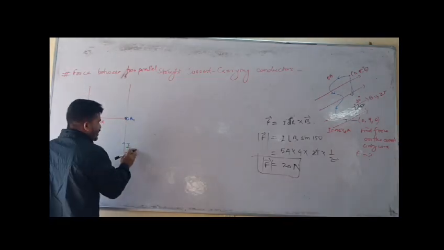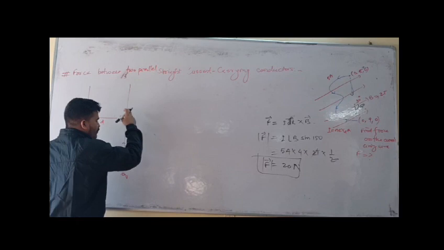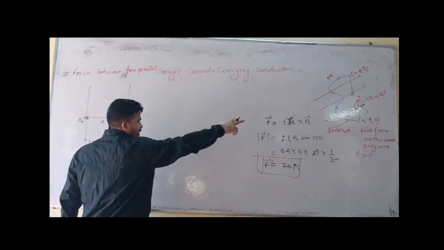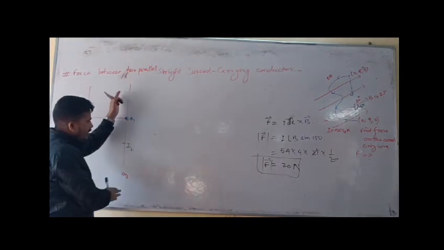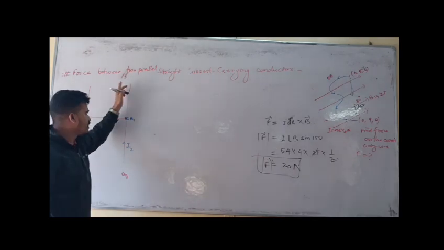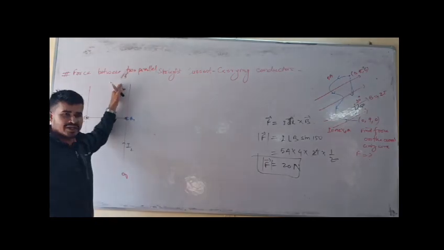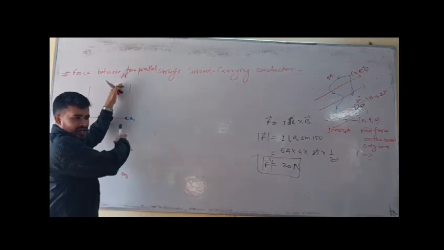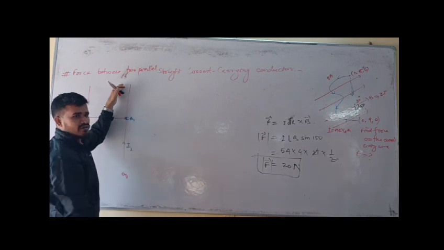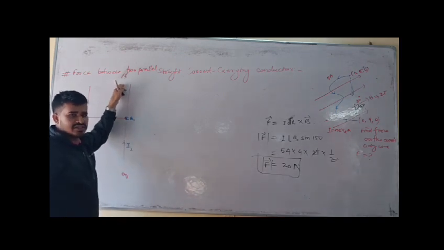This is B1, and current I2 is flowing here. You have magnetic field here. Imagine here. If you have magnetic field and a current carrying conductor, it will have force on this conductor. Which direction will the force be?